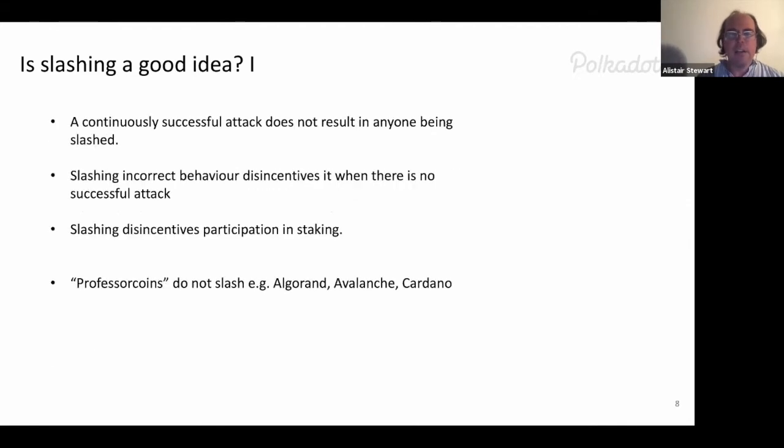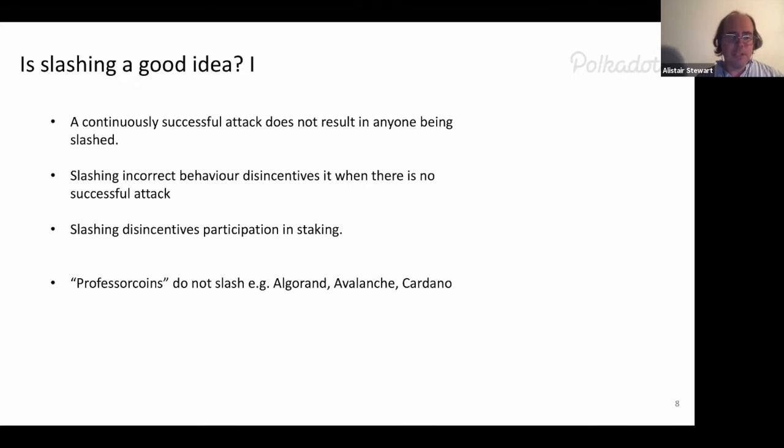So if they successfully attack the system and can keep on attacking it, then no one gets slashed. And if they don't have enough people to do that, why would they attack at all? In which case, they don't get slashed. So it is true that slashing incorrect behavior disincentivizes it when there's not a successful attack.